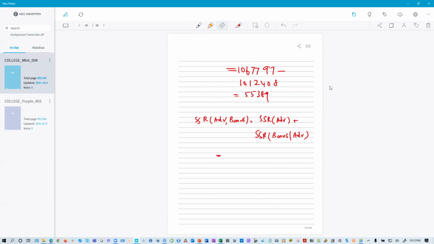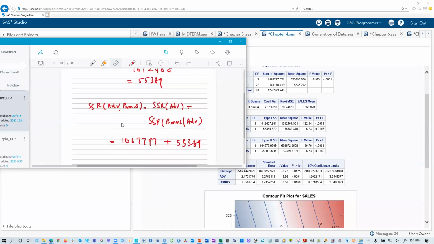106.7797 plus the gap, 55,389. What am I going to get? It should come to this one, 106.